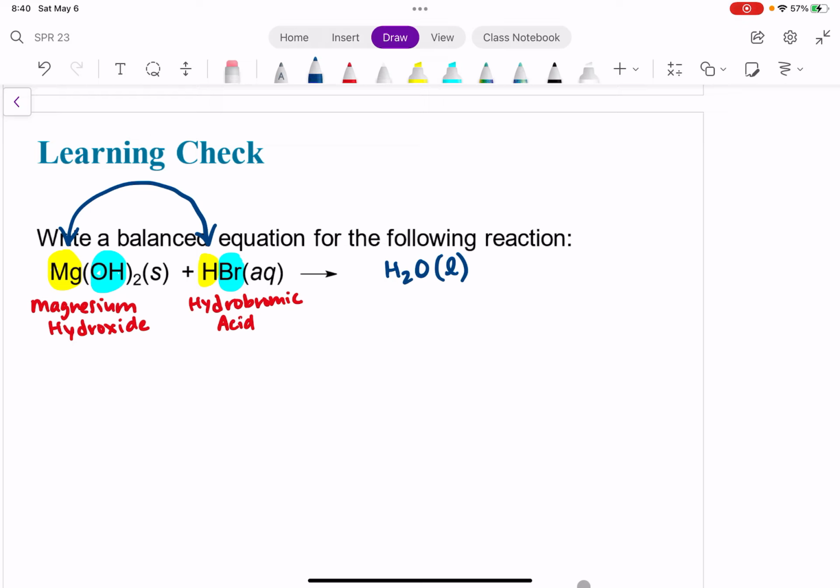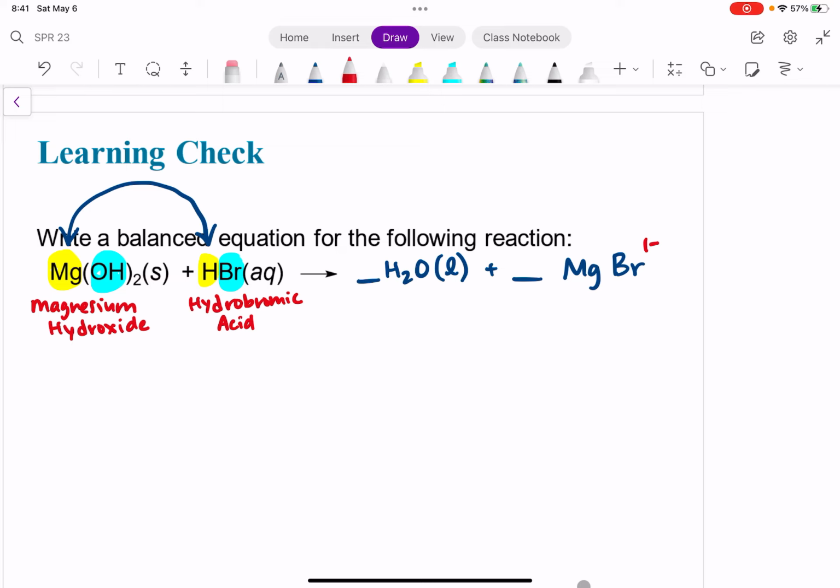And then we have, and I'm leaving some space for our coefficients, Mg and Br. I don't see any subscripts here, and that's because I just smushed together magnesium and bromine because I knew that they were going to bond. But I need to know what ratio they bond in. What formula do they make when they make a compound? What ion does bromine form? 1-.